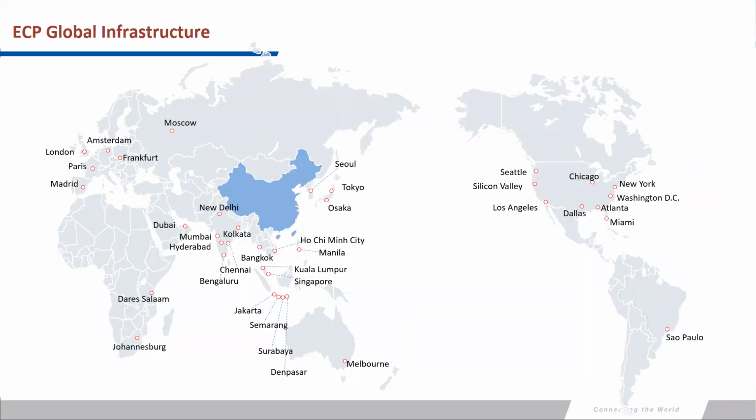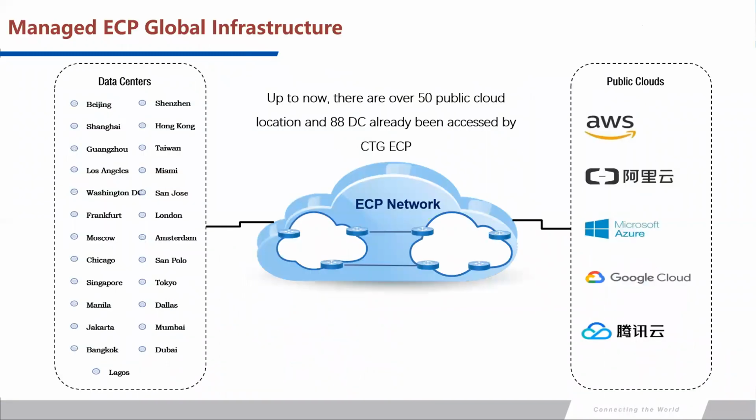This diagram shows the ECP global infrastructure. You can see the global coverage here. Also, in China, we have more than 88 POPs. ECP can connect both data centers and clouds.